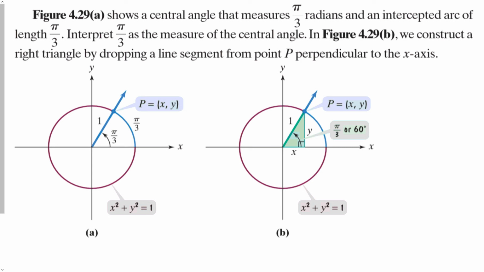In figure B, we can turn this situation into a right triangle. I just drop a line straight down, and now I have a right triangle with the hypotenuse being the radius of this circle, and the x and the y coordinate being the 2 sides of the right triangle.